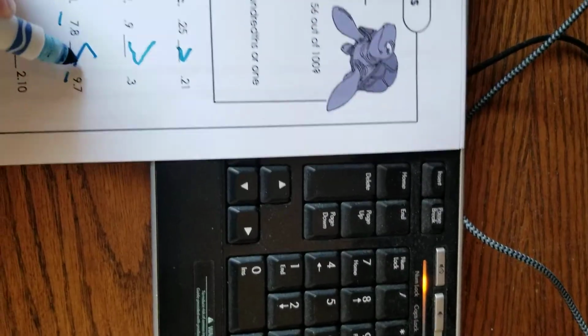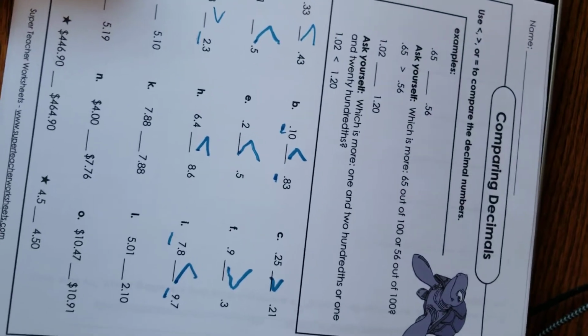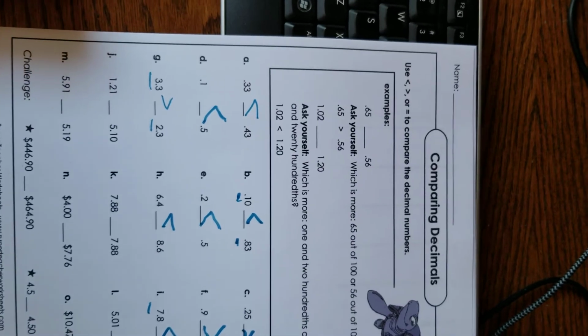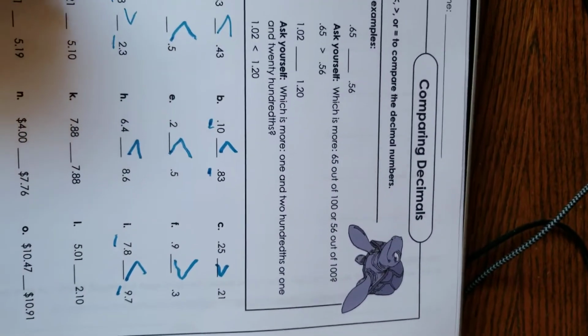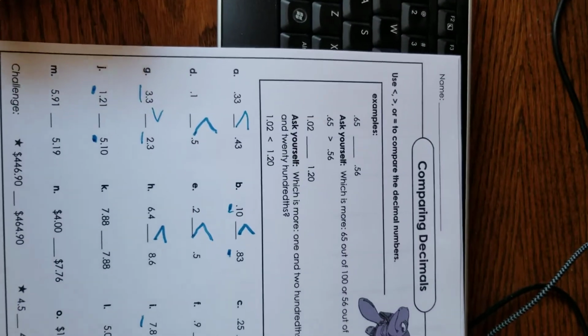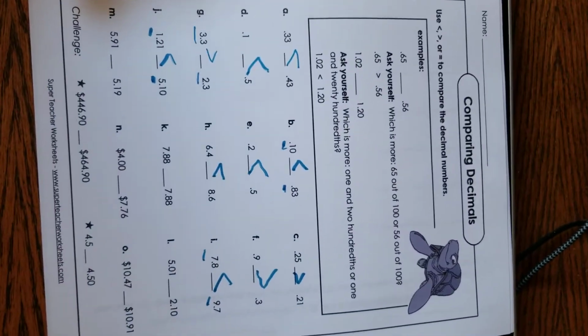So the alligator eats the bigger number. Okay, let's look at the next one. 1 and 21 hundredths and 5 and 10 hundredths. Again, look at the number in the ones place. 1 is less than 5, so 5 is greater.